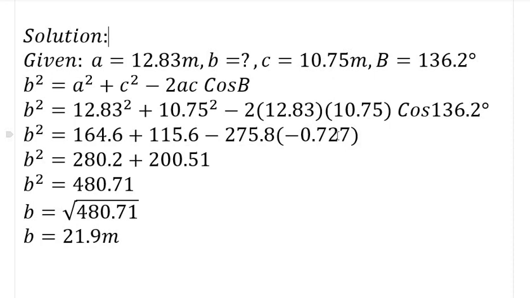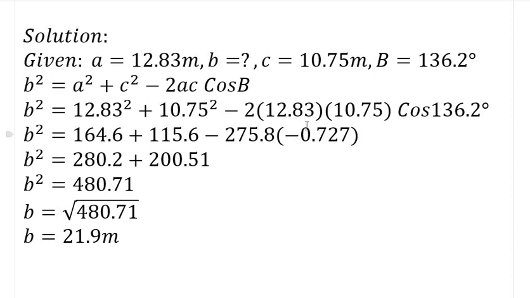If you have not seen our video on quadrants, the reason why cos 136.2 gives us a negative sign, go and check on this YouTube channel on quadrants. We have the first, second, third and fourth quadrants. In the first quadrant, all are positive. We have the tan, the sine, the cos, they are all positive. But when you come to the second quadrant, which is from 91 to 180, I don't want to waste time on that in this video.